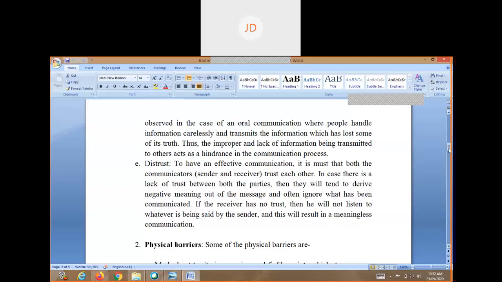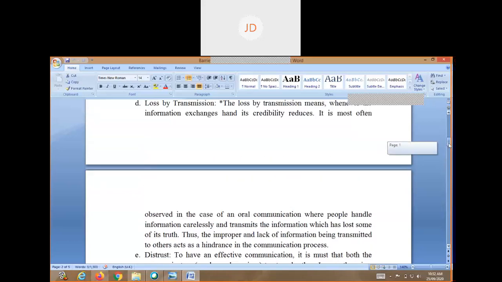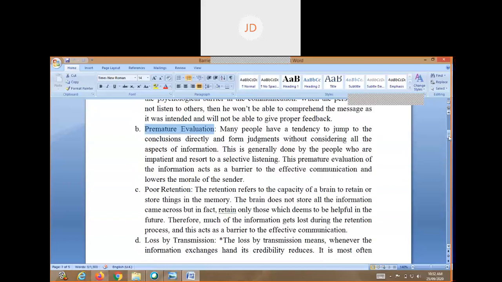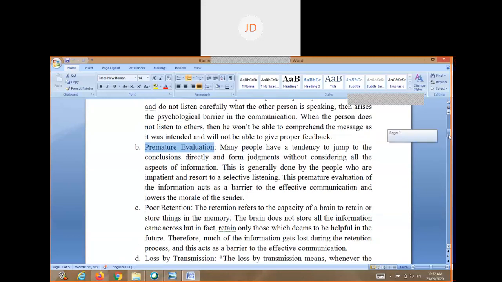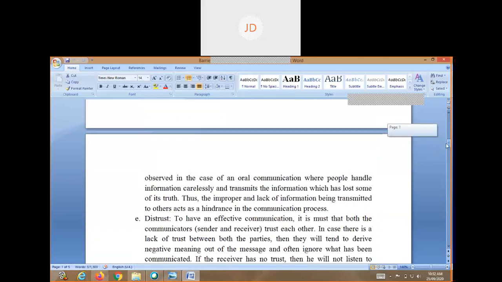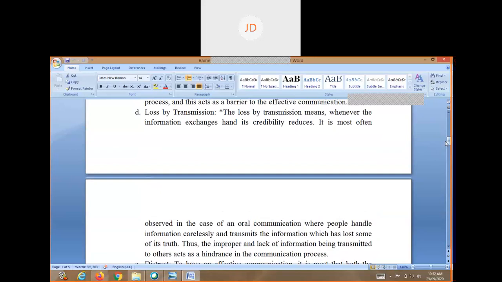It occurs because of distrust, because of poor memory, because of premature judgments, premature conclusions, because of lack of concentration, and another thing that I had explained is that it occurs because of loss of transmission. That means whenever information is exchanged, especially in oral communication, and whenever a lot of people are involved, the message changes.